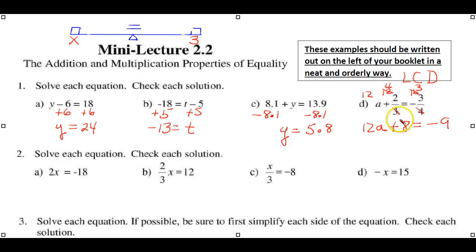Now we want to get rid of our 8, so we'll subtract 8 here and subtract 8 there. Now it's critical you watch your signs. So this will be 12a equals a negative 17.